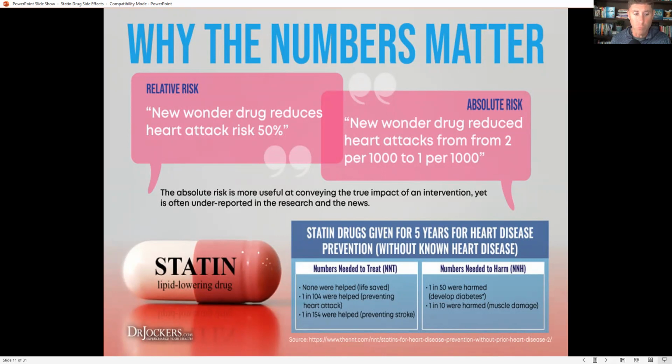That's your relative risk. The other way to report is the absolute risk, which means that drug B only lowered the risk by a mere 0.25%. Reporting the relative risk sounds much more impressive and can inflate the benefits of a medication or other treatment. And that's what often happens with statin drug studies.